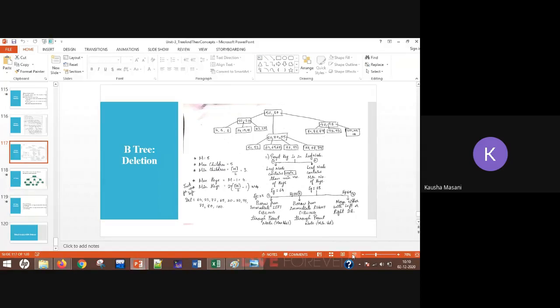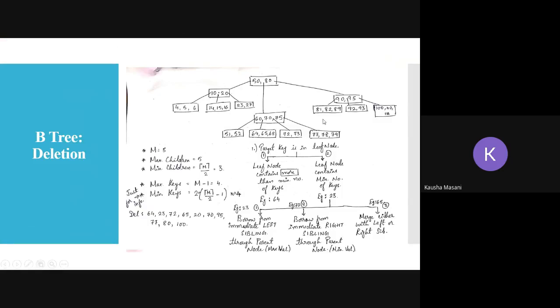Okay, so you can take this tree, write this information. So you will get to know how many minimum subtrees it can have, how many maximum subtrees it can have, how many maximum keys it can have, and how many minimum keys it can have. All right, and you can start, this is the deletion series.